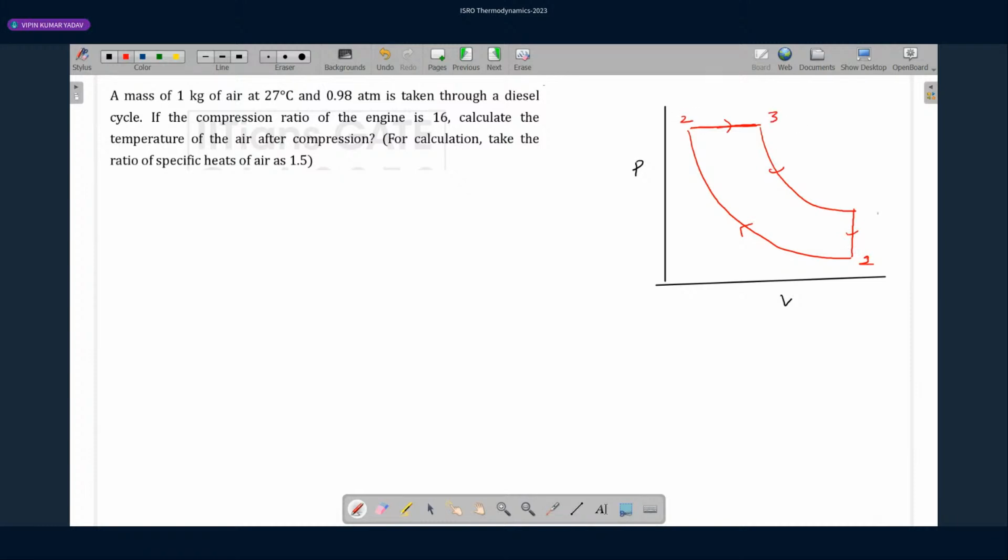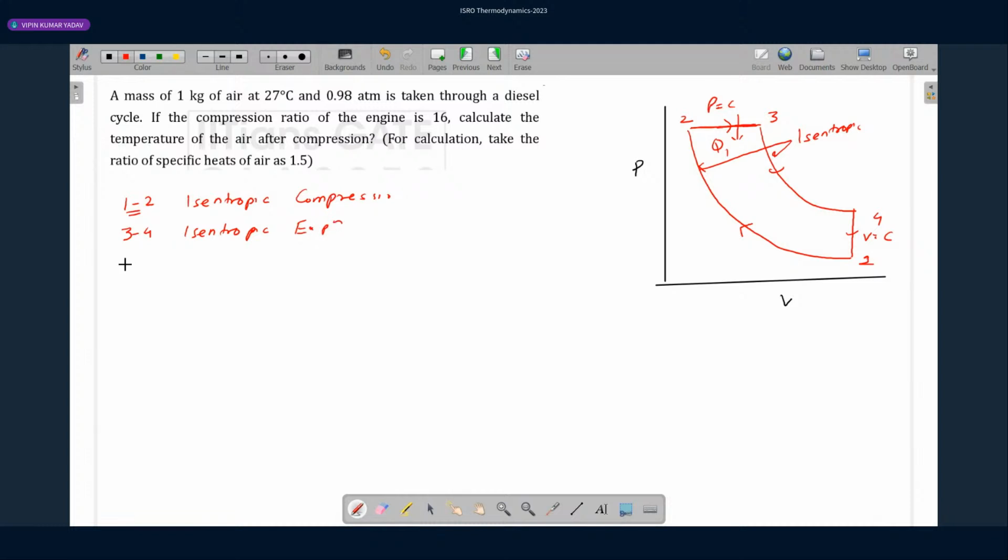One, two, three, four. This is constant pressure heat addition. These two are isentropic processes, isentropic compression and expansion. This is constant volume. So 1 to 2 is isentropic compression, and 3 to 4 is isentropic expansion.